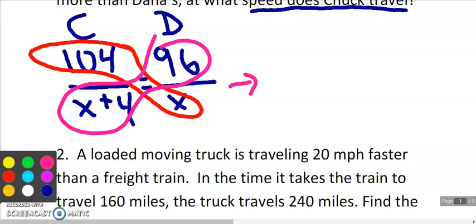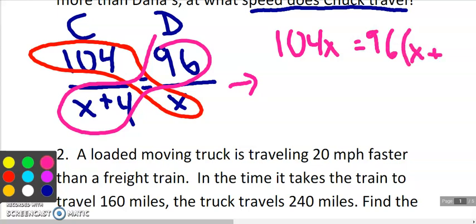So I should see 104x equal to 96 times x plus 4. So of course we're going to distribute on the right side.